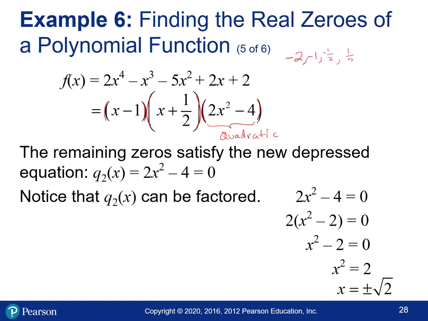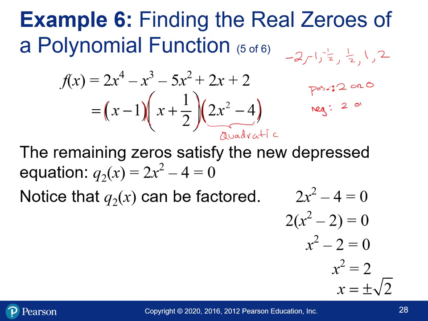This was our list. And using this along with Descartes' rule of signs, let me summarize what happened. Descartes' rule of signs said that we had 2 or 0 positive real zeros, and 2 or 0 negative real zeros.